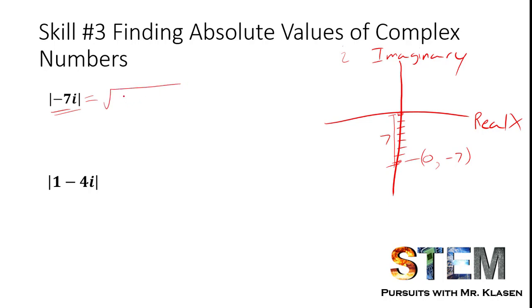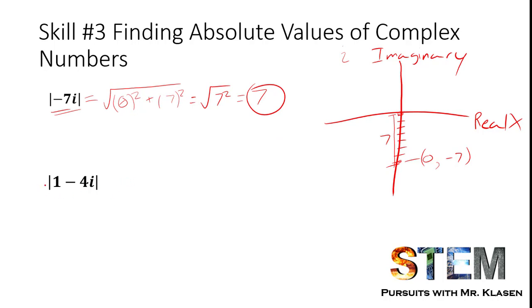If you square the real component, which is just 0, and then add the imaginary component squared, this will simply equal the square root of 7 squared, which is equal to 7. And you can find the absolute value of complex numbers using this method.